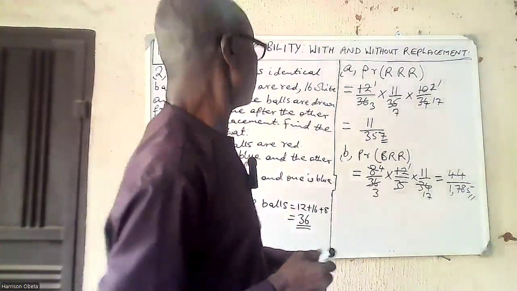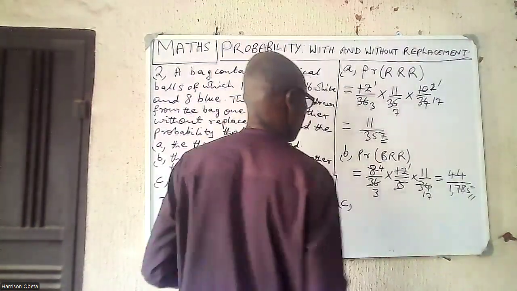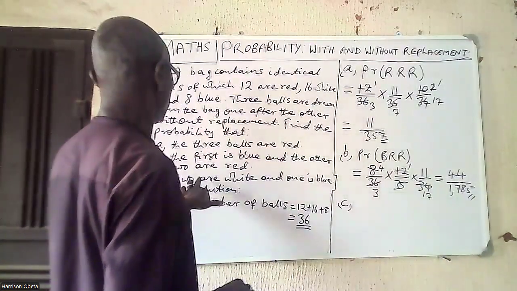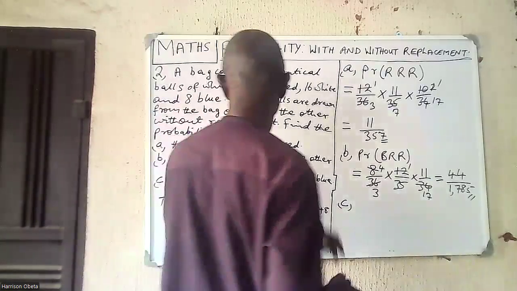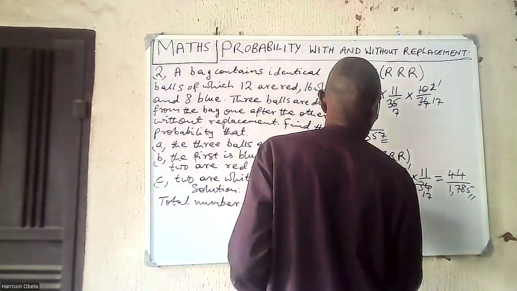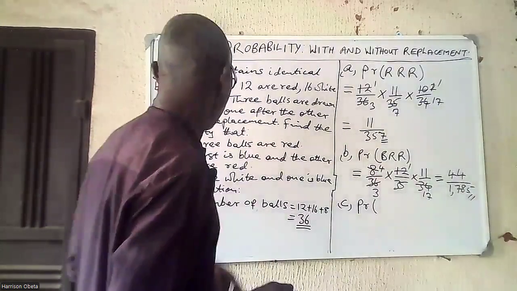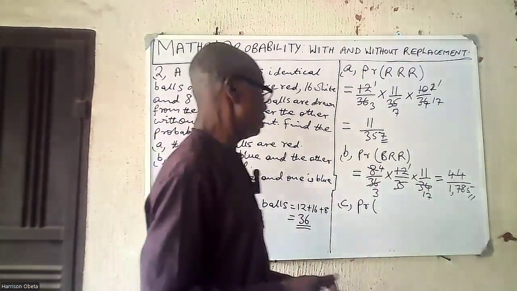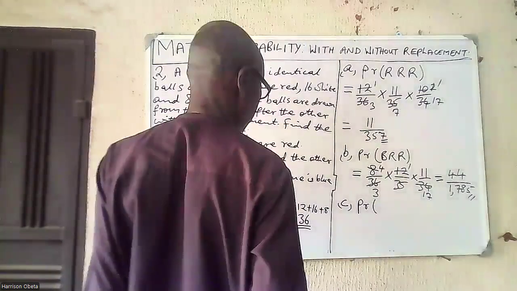Then we are going over to number C now. In C, we have to find the probability of choosing 2 whites and 1 blue. We are not told the particular way we are to choose it, so we have to consider all the possibilities.